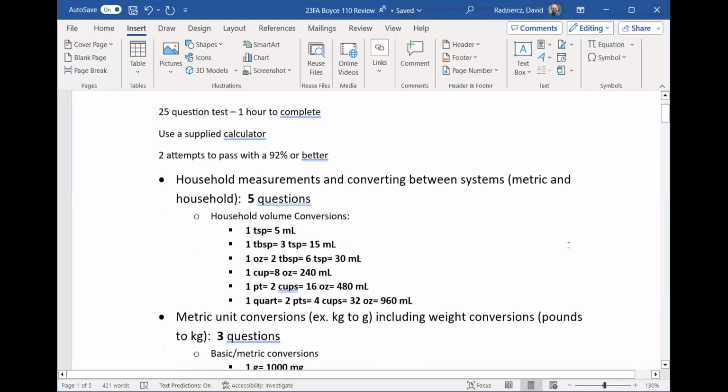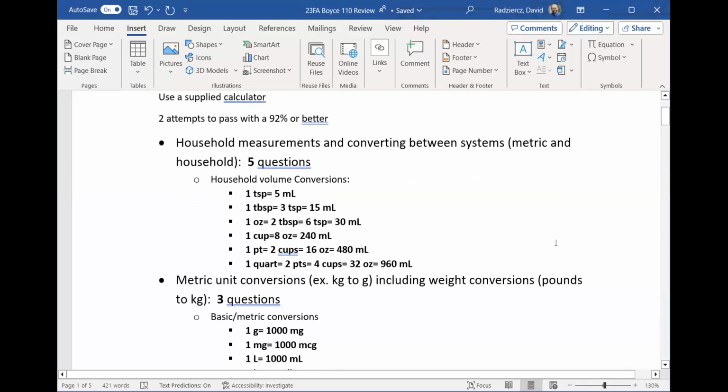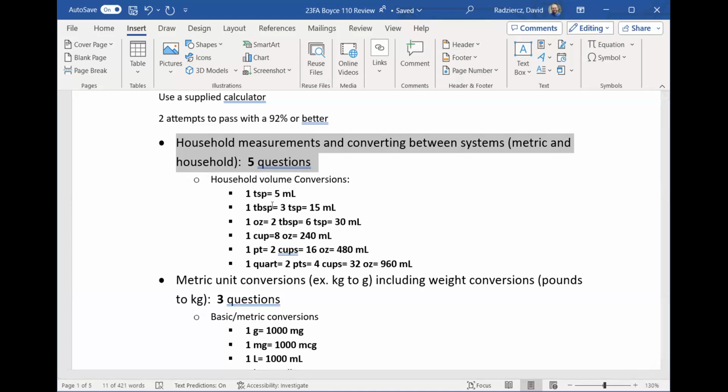What I'm trying to model here is something that a previous Boyce student did that I thought was a really good idea. She took all the blueprint questions and said, okay, there's going to be 5 questions. Then she sought after five questions that would fit into this category of converting metric to household to metric.